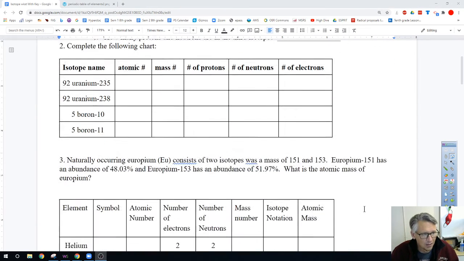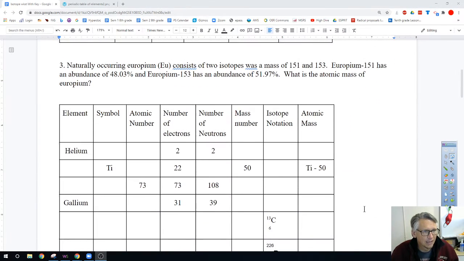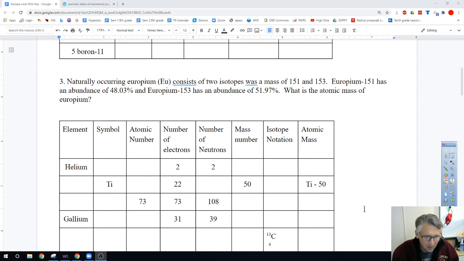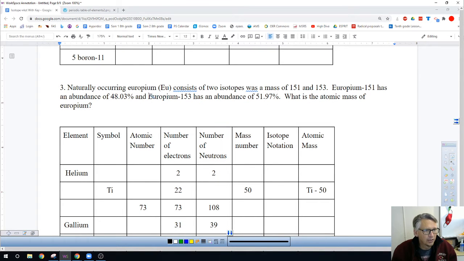The next one is a little bit harder, but it lets us take a look at how they come up with the atomic mass as an average. It says naturally occurring europium consists of 2 isotopes with a mass of 151 and 153. If europium-151 has an abundance of 48.03 and europium-153 has an abundance of 51.97, what is the atomic mass of europium?